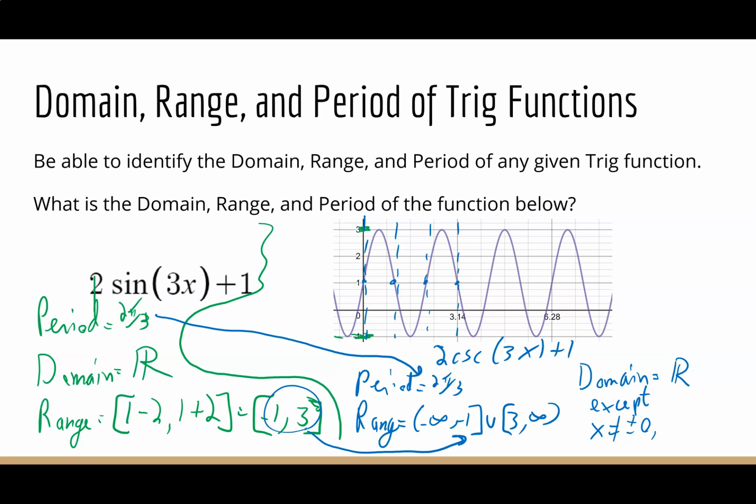So the period is 2 pi over 3, half a period would be pi over 3. So pi over 3, 2 pi over 3, 3 pi over 3, etc. Okay, so that's the tricky part. For domain, you have to list out the asymptotes that x cannot equal. It's a similar thing for tangent and cotangent.